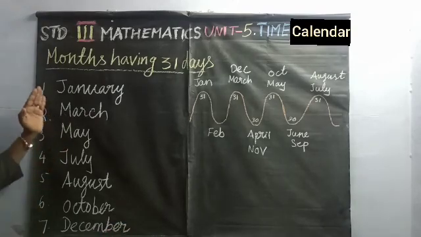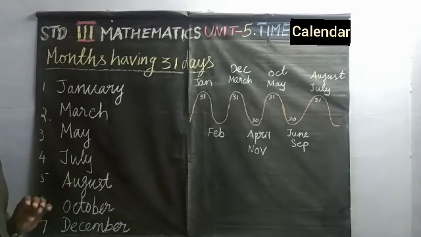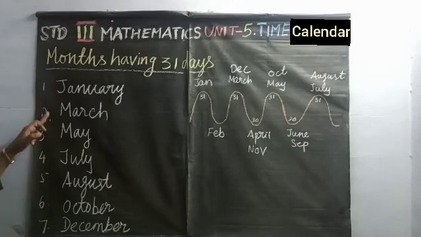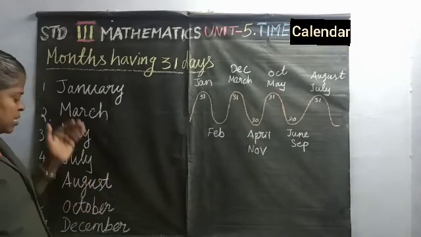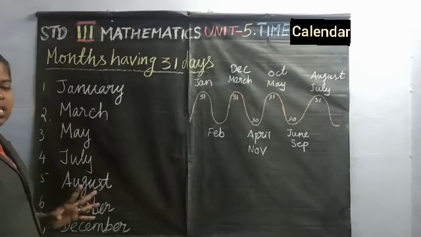So these months are having 31 days: January, March, May, July, August, October and December. Out of 12 months, 7 months having 31 days.